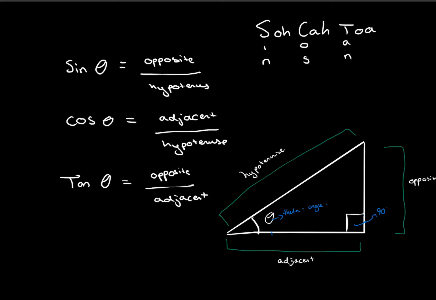SOHCAHTOA is sine, opposite over hypotenuse; cos, adjacent over hypotenuse; and tan, opposite over adjacent. So as we can see here, we've got our hypotenuse, opposite, and adjacent, and we can use them to derive the main functions in trigonometry.